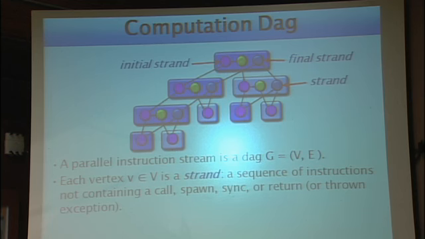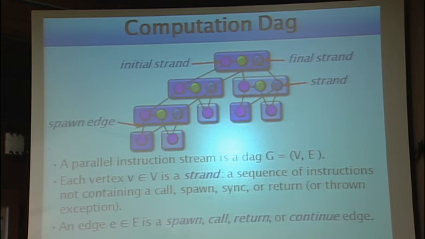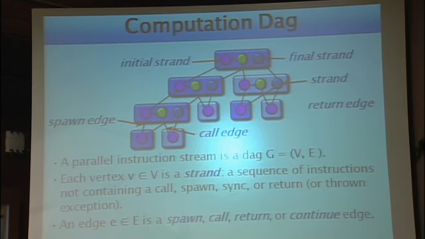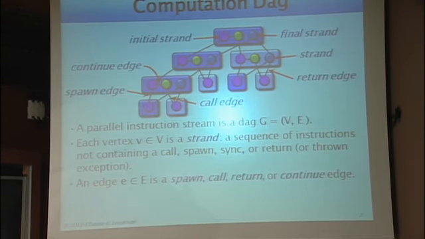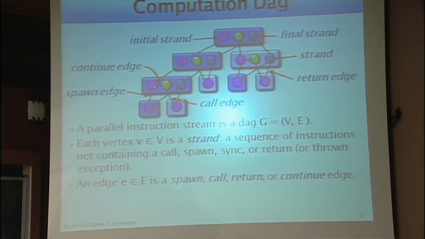There's an initial strand where you start and a final strand where you end. Then each edge is a spawn or a call or a return or what's called a continuation edge, which goes from the parent, when a parent spawns something, to the next instruction after the spawn. So we can classify the edges in that fashion.